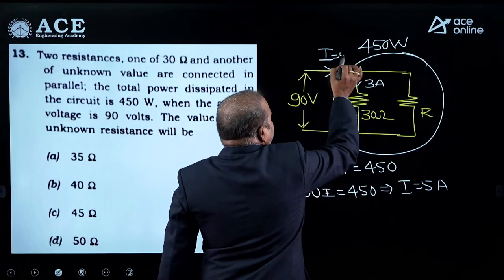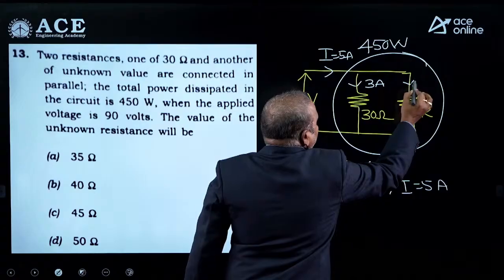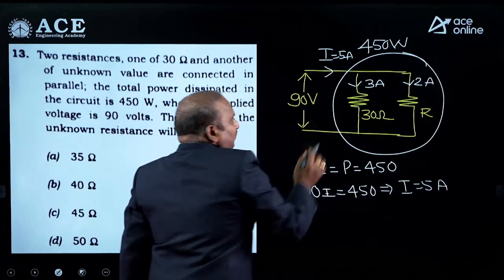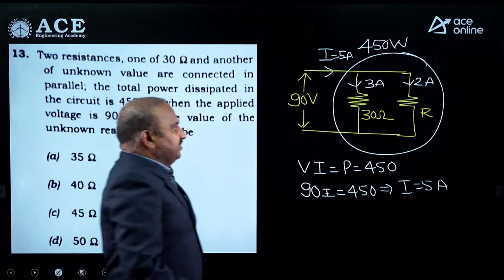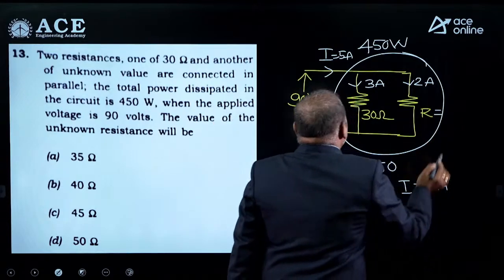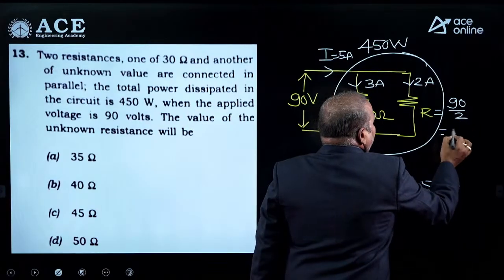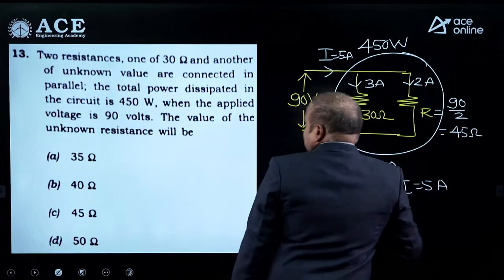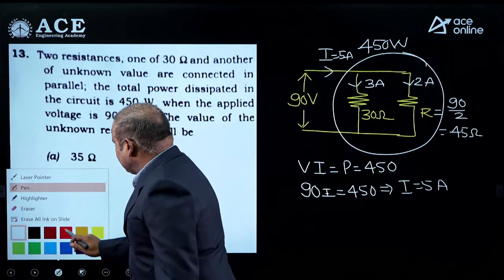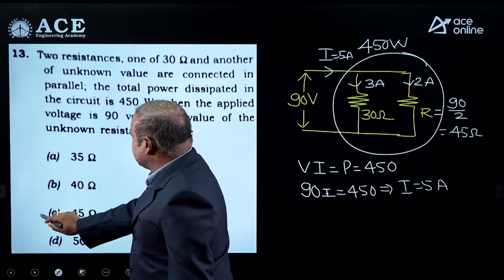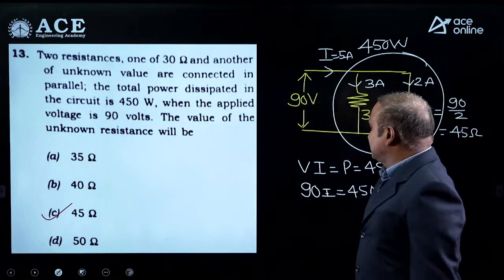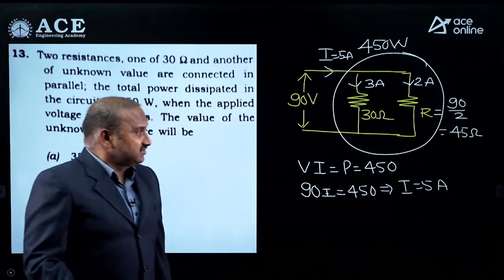The rest of the current in the second branch is 2 amperes. The applied voltage is 90 and the current is 2 amperes, then the resistance value is equal to voltage by current, 90 by 2, which is equal to 45 ohms. It's very simple. Then the option for this one is C. C is the correct option. This is the solution for this one. It's a very simple solution.